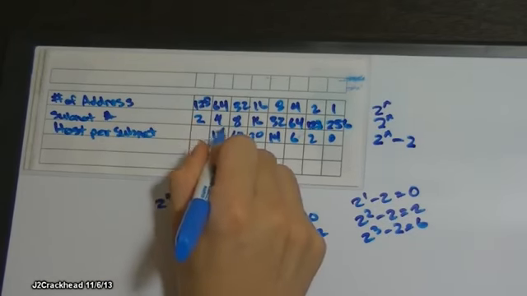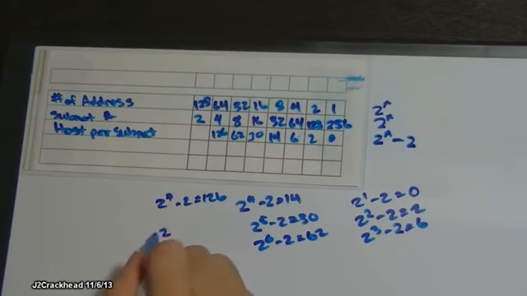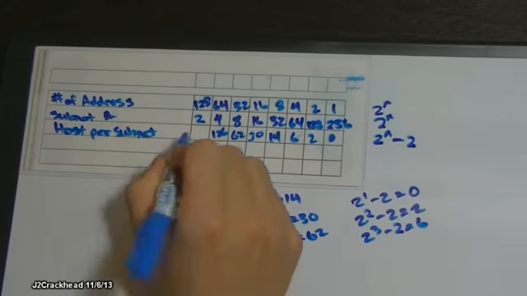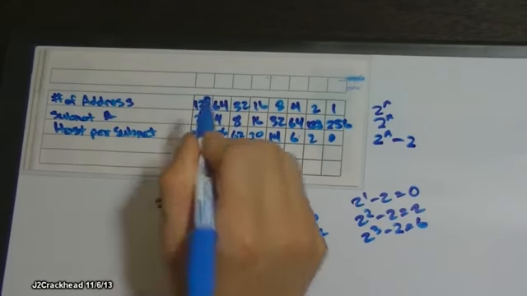And 2 to the 8th power minus 2, that will be 254.